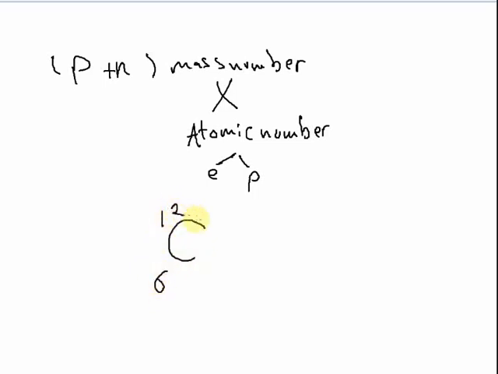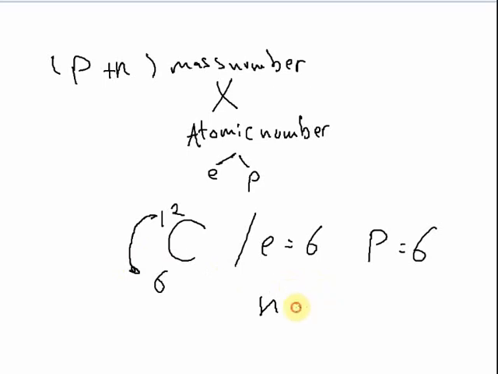C-12, with atomic number 6. We can now conclude the number of electrons, protons and neutrons. The number of electrons here is the atomic number, equal to 6, and the number of protons equals 6 because the number of negative electrons equals the number of positive protons. Okay, and the number of neutrons equals the mass number minus the atomic number.